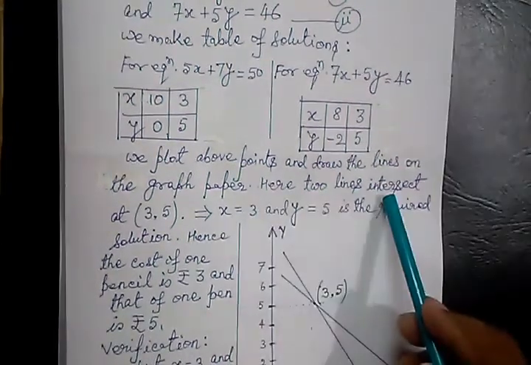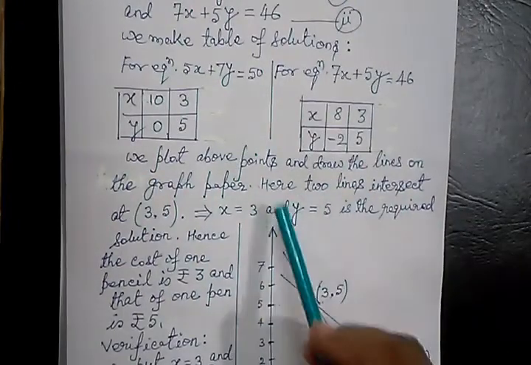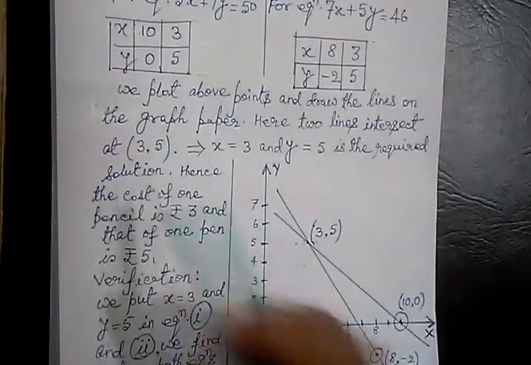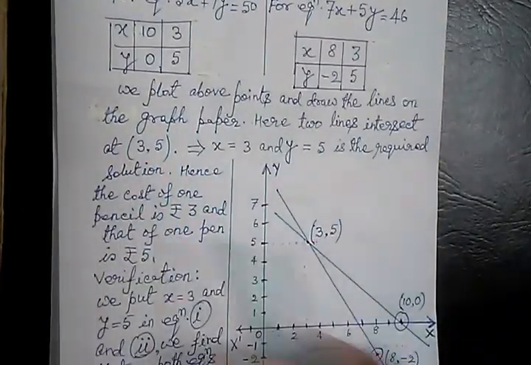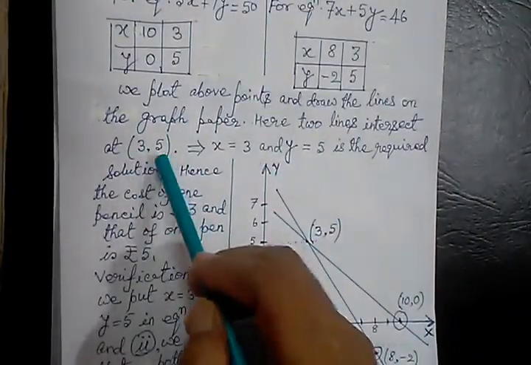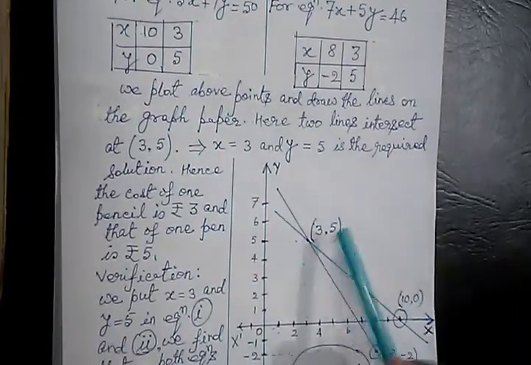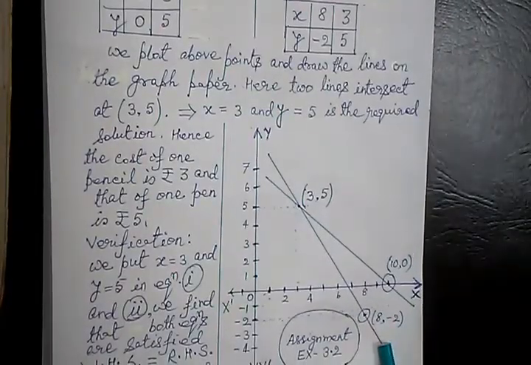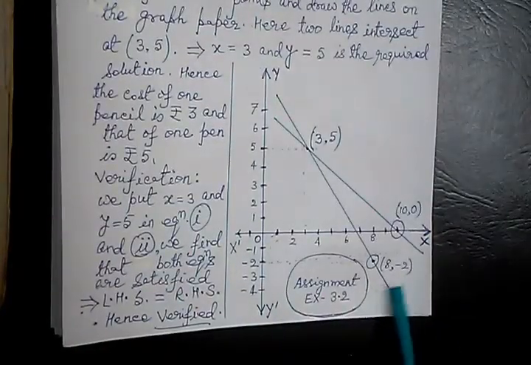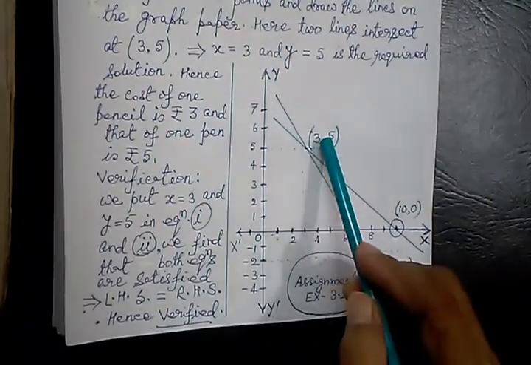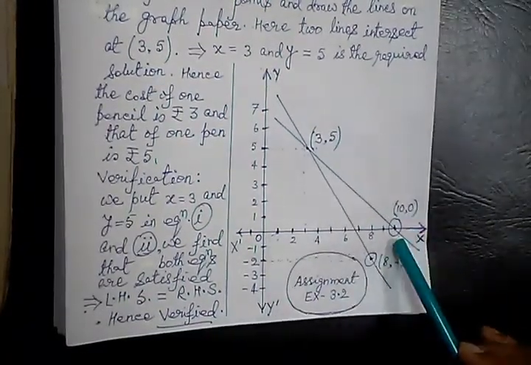So here we plot it. Here the two lines intersect at the coordinate 3, 5, where x equals 3 and y equals 5, because one line passes through 3, 5 and 8, minus 2, and the second line passes through 3, 5 and 10, 0.